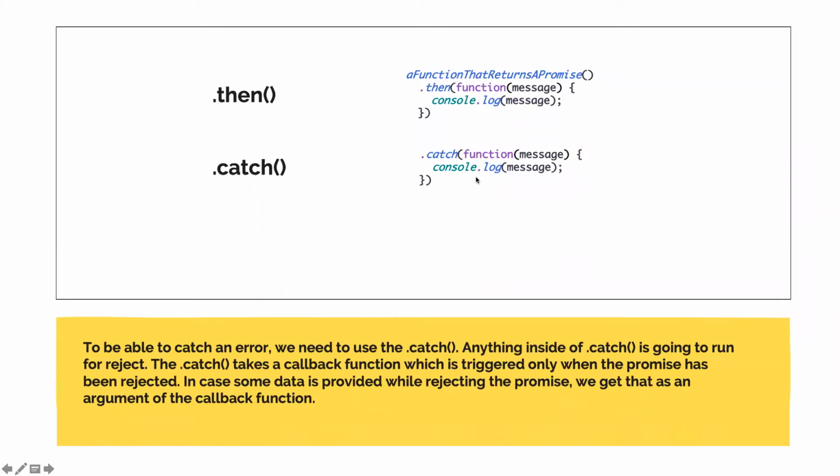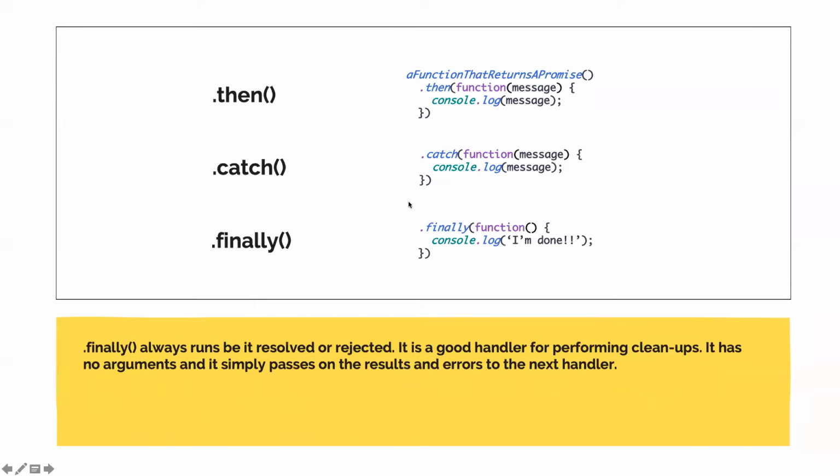Whenever the promise rejects, then whatever we write inside the catch function is invoked. The callback takes an argument message, and that message gets access to the error or whatever response we have passed while rejecting the promise.